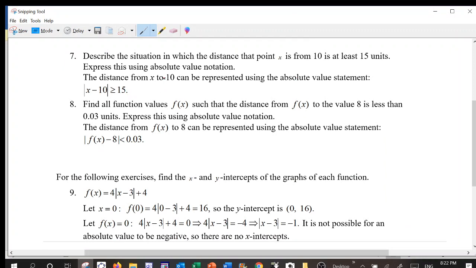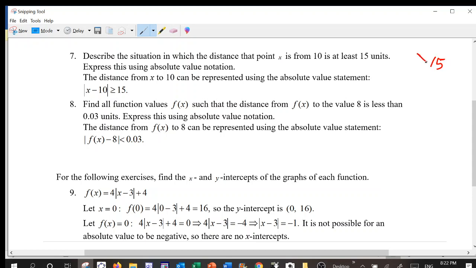So the question for 7 and 8 is that, describe the situation in which the distance that point x is from 10 is at least 15 units. Now, at least means what? Means that you want it to be 15 or more.